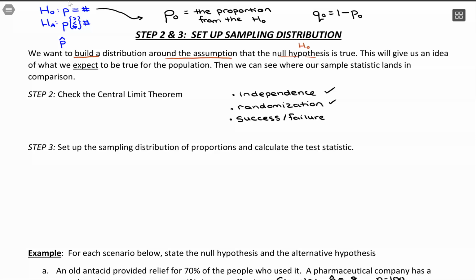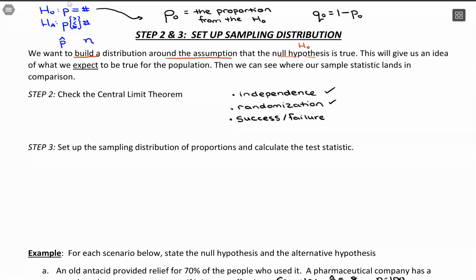When we have our sample statistic, there will also be some sample size that goes with it. So when we check success-failure, we want to check: does this sample size work with our assumption? I'm going to use my notation up here with P subscript 0 to refer to that proportion coming from our null hypothesis, because that value will be different from our sample statistic.